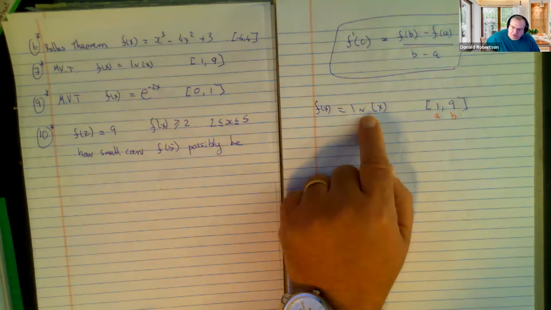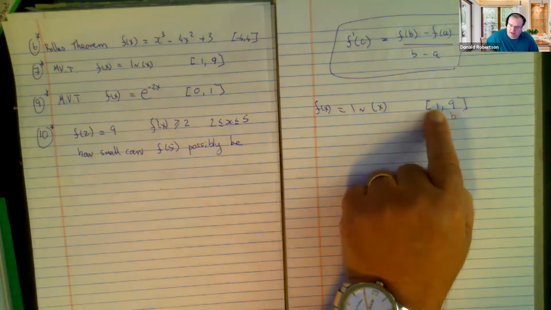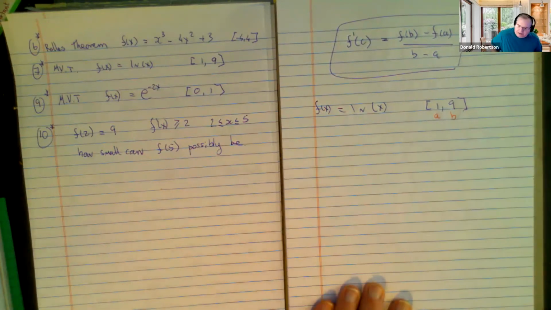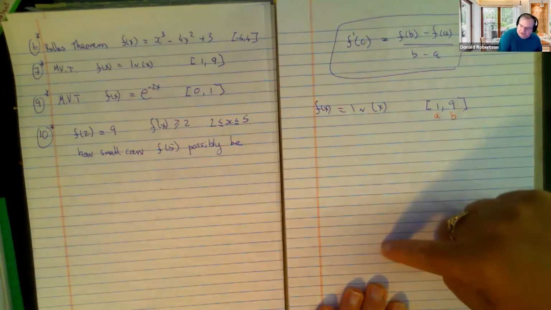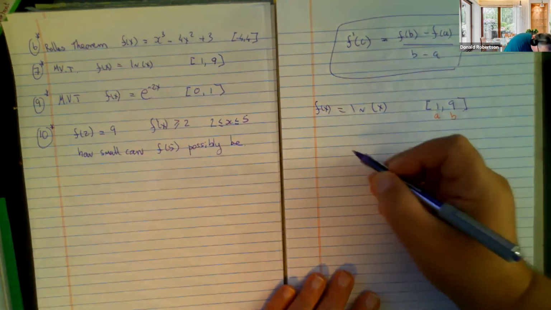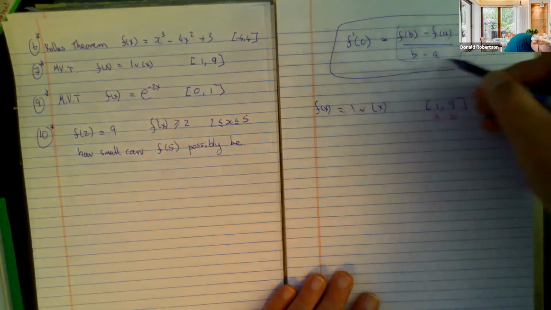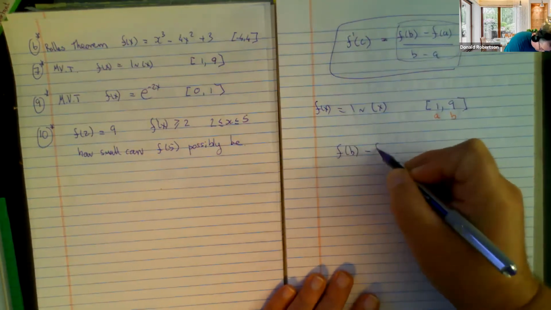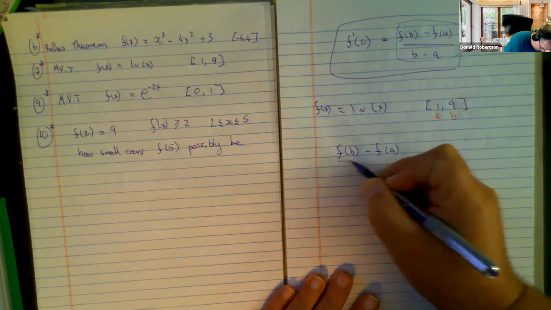Is this function continuous, at least for x between 1 and 9? The answer is yes, it'd just be a boring curve. Is it differentiable? Yes, it's the same boring curve. Take that for granted. What we then have to do is, I would find this guy here first. So we're going to find out what number, because it will be a number, this is.